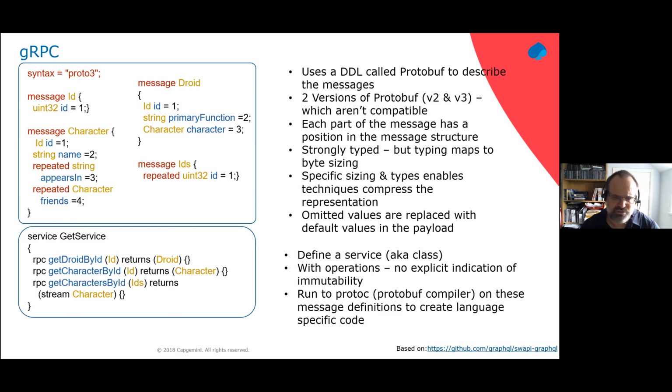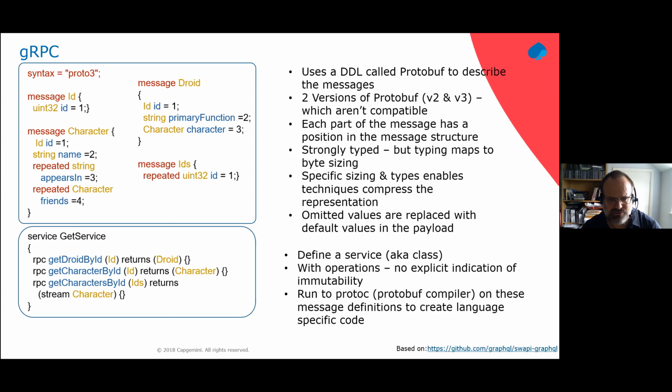And then what you do is you create a service, and the service defines a set of methods. This time we're saying it's an RPC, and I've got the same again as my GraphQL. I'm asking for a droid, and I'm asking it by its ID, and it returns an object of droid, and it tells me what the structure is for that droid in the type definition in the protobuf. Okay.